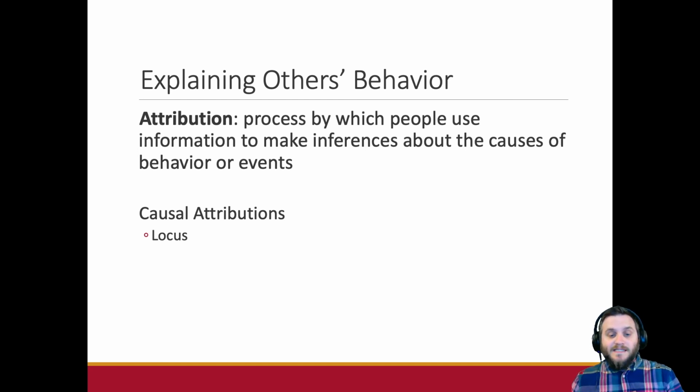One level is an internal locus for the cause. So something about that person, the actor of the behavior or the thoughts. We can't really observe thoughts directly, so we have to determine causes by behaviors. And then opposite to internal is external.